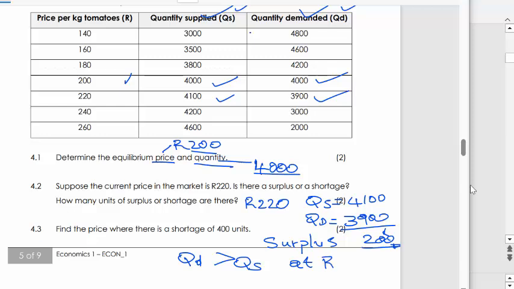at 180, the quantity demanded is 4,200 and the quantity supplied is 3,800. So let's look at it again. At this price, at 180, you find that the quantity demanded would be 4,200.